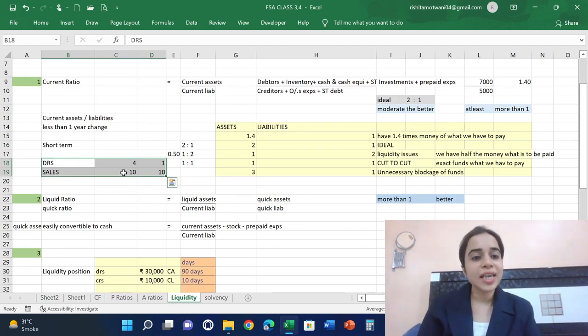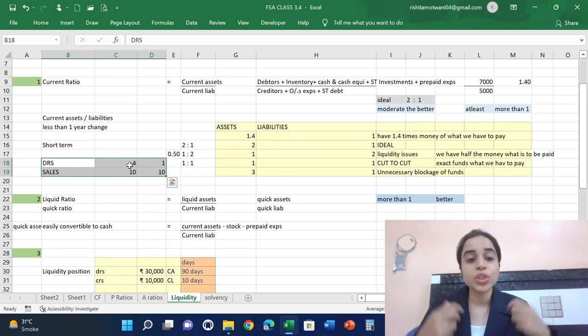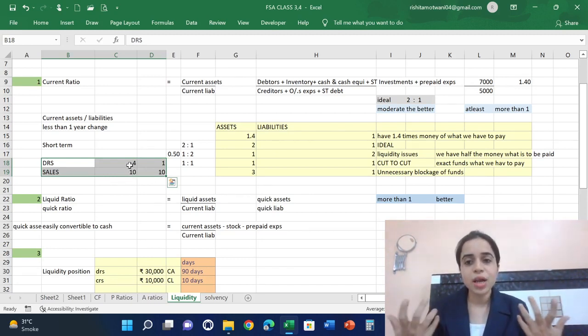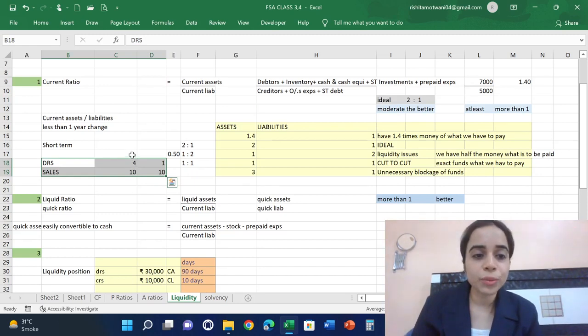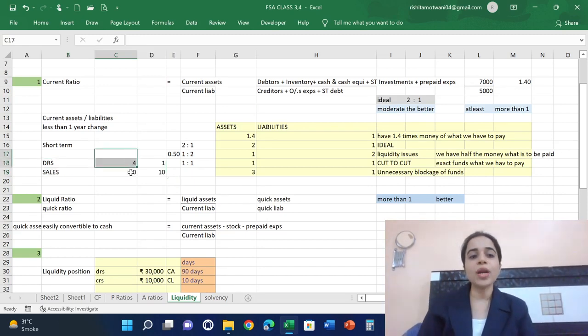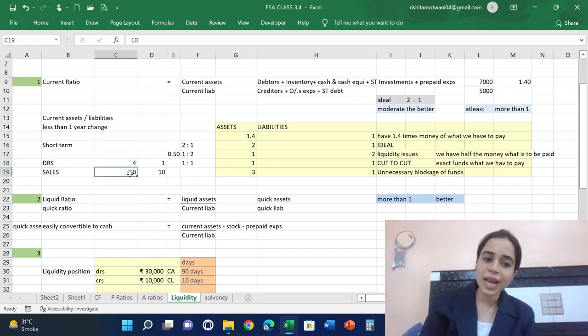Because the sales are the same, 10 lakh and 10 lakh, but the amount of money stuck in debtors is different. It's our money blocked, the working capital invested by the business. Here the money stuck is 4 lakhs for sales of 10 lakh.